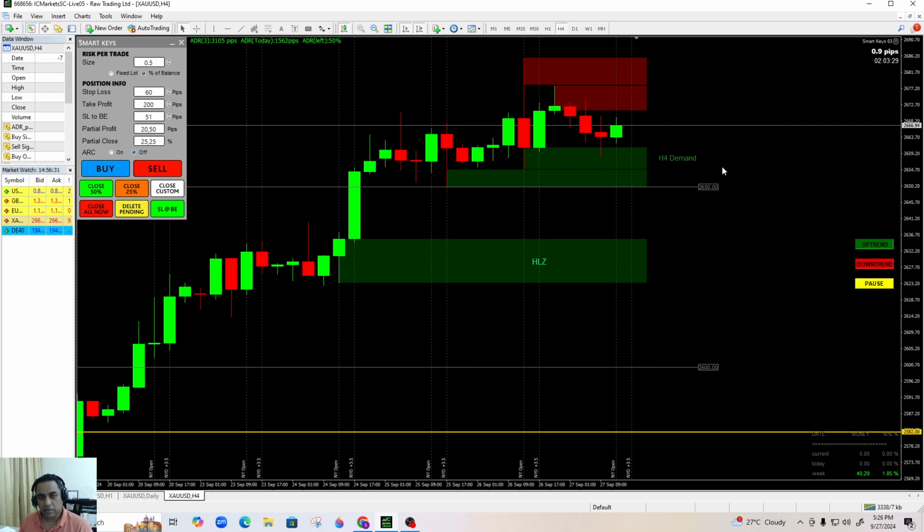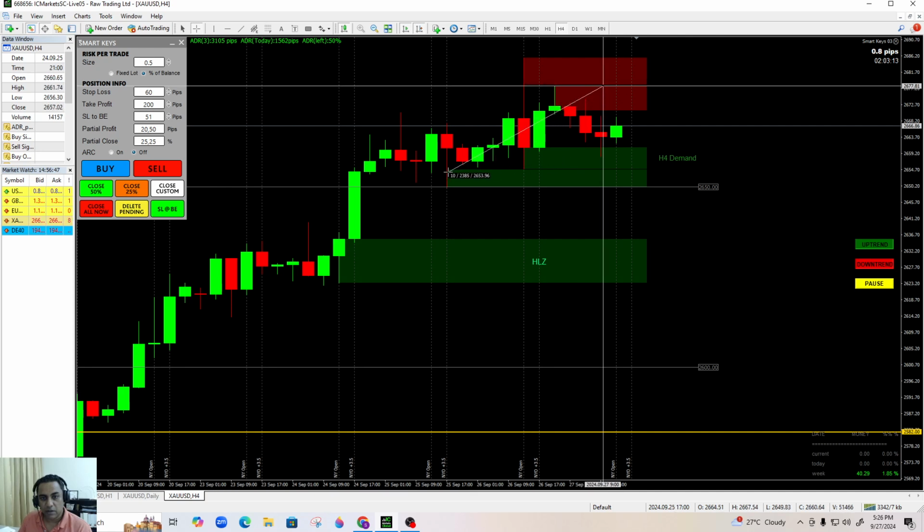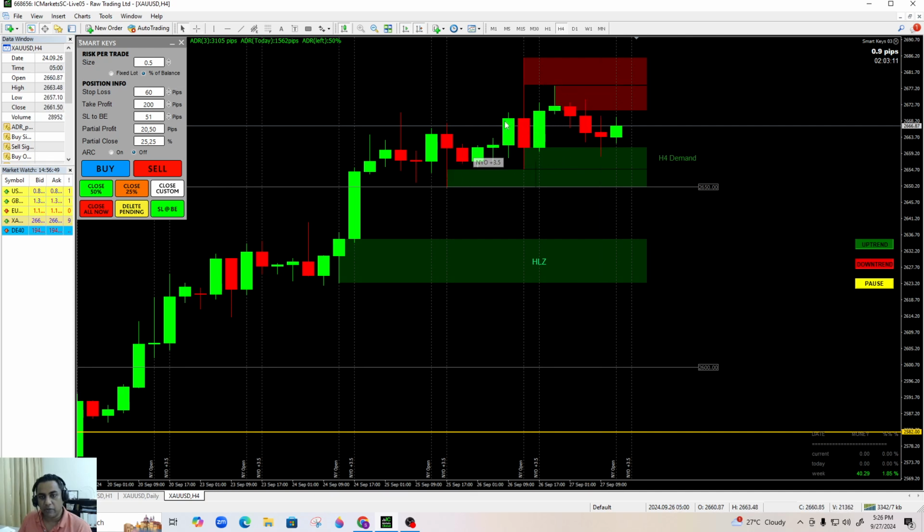That's 68 hours, basically 3 days of just ranging within a range. Price is just bouncing in between about a 230, 240 pip area.